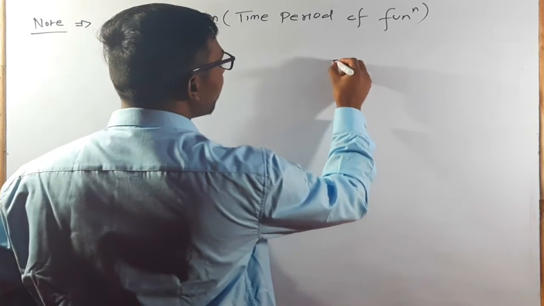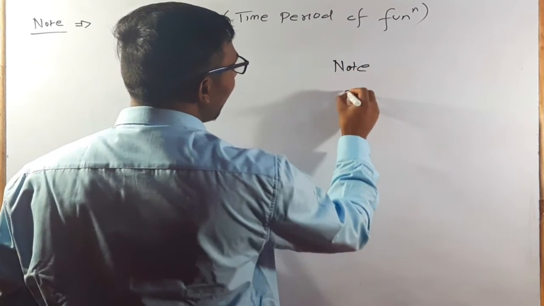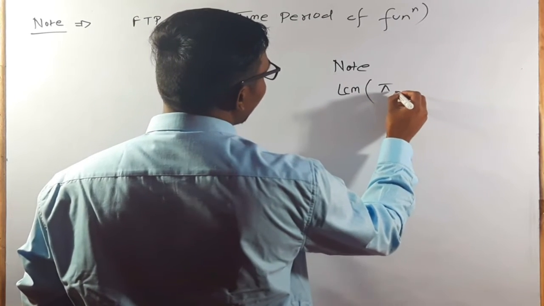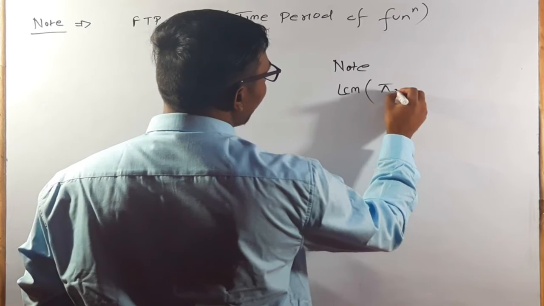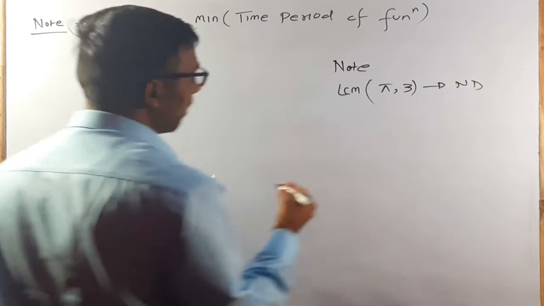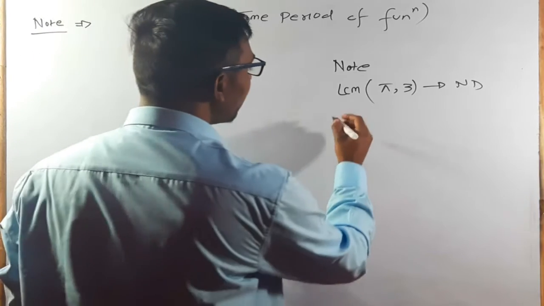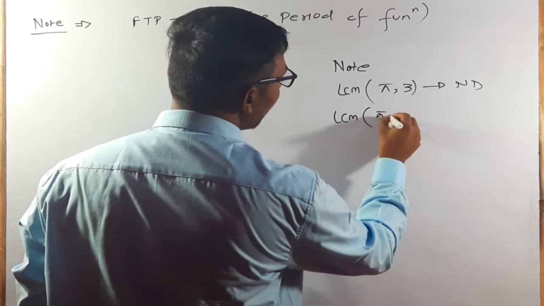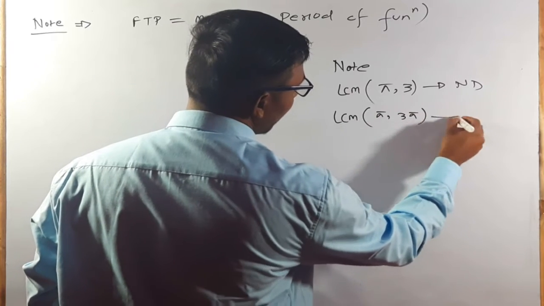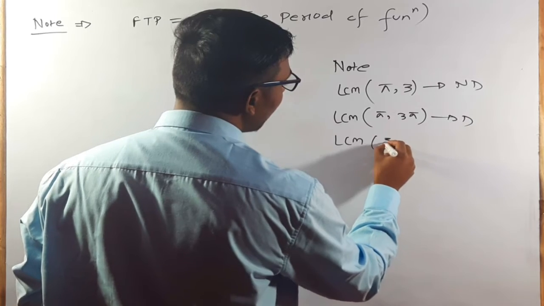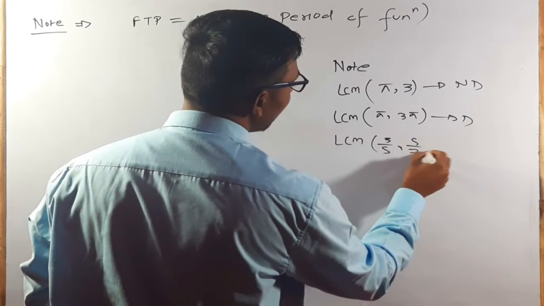Here I have already told you in the previous tutorial that the LCM of pi comma 3 is not defined. The meaning of that is, the LCM of two numbers like pi comma 3 pi is defined, and the LCM of two rationals like 3 by 5 comma 5 by 7 is also defined.